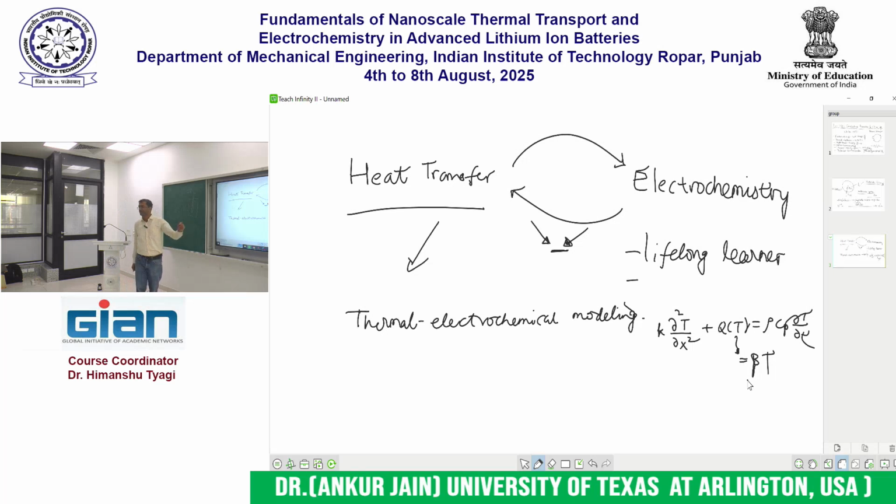On the other hand, when electrochemists solve these problems, like the equations that Dr. Agrawal had presented, I forget the exact formulation of those equations, but roughly speaking, Fick's law, yep. Del by del x of D dC dx plus so on equals something else.